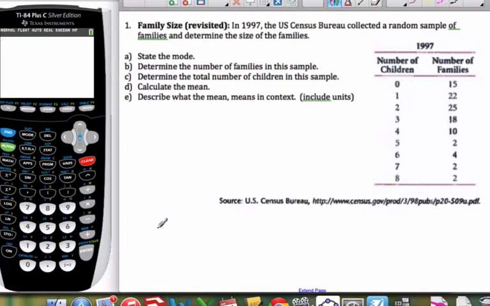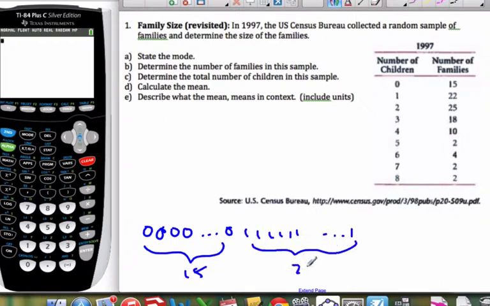So if I'm counting children in the family, I have 15 of these zeros. And then I have 1, 1, 1, 1, 1, 1. I have 22 of these 1s, and 2, 2, 2, 2. I have 25 of these 2s, and so on.